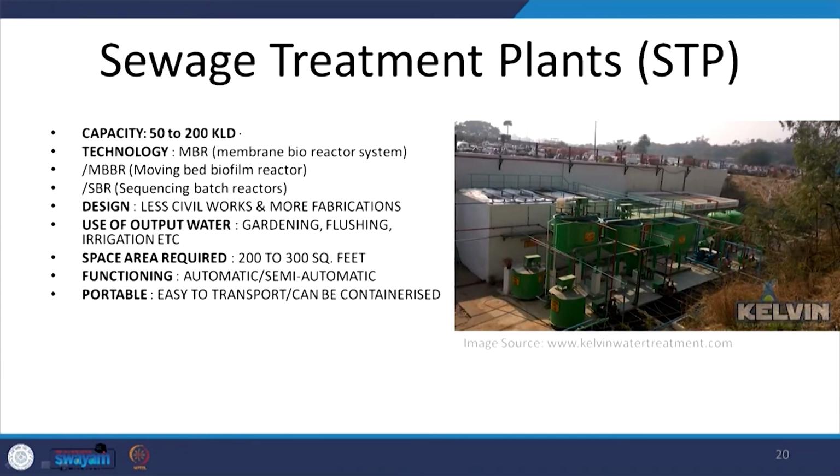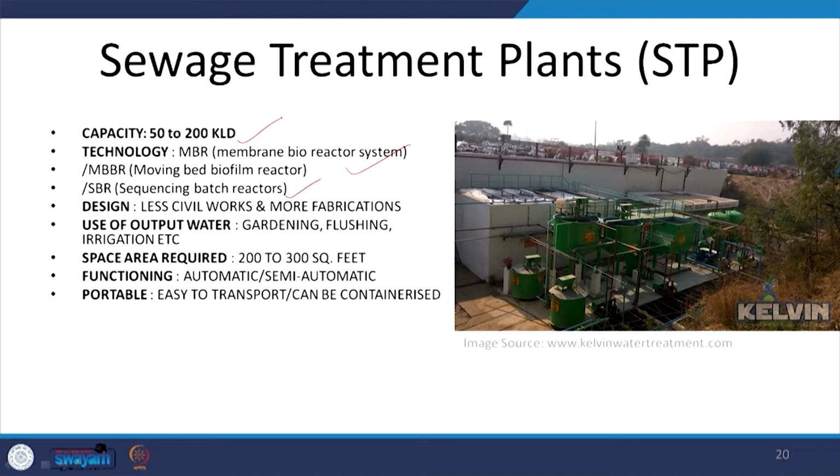When the capacity increases further to around 200 KLD, the membrane bioreactor system is advisable, or even sequencing batch reactors, SBRs, they are also advisable.